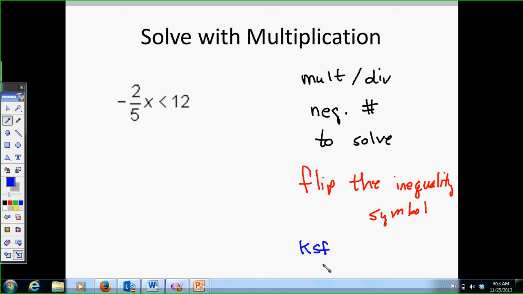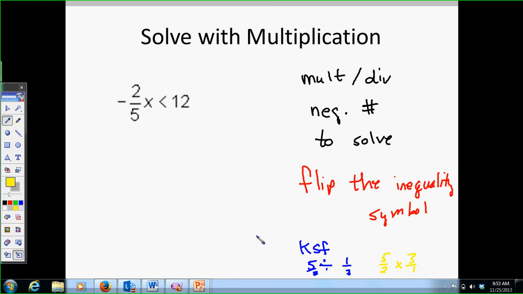If I have 5 over 2 divided by 1/3, the way I actually do the division here is I keep the first fraction, which is 5 over 2. I switch the division symbol to multiplication, and then I flip the last fraction, and I'm multiplying.